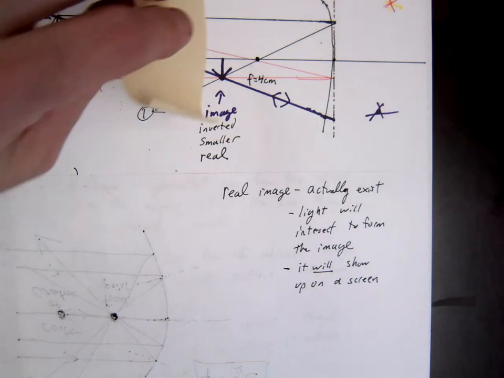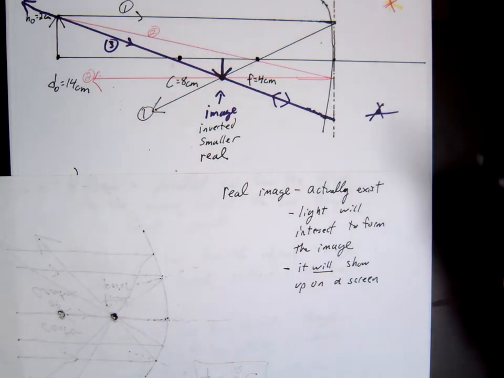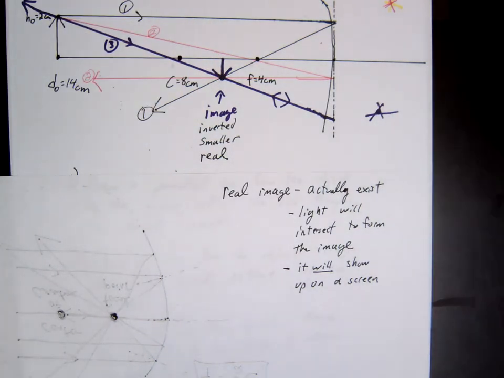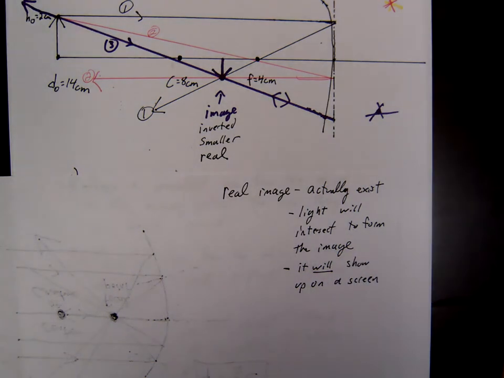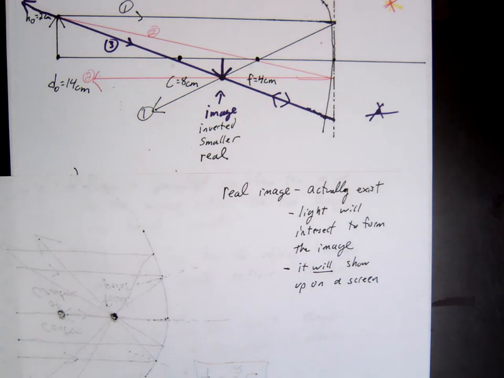It'll show up right there. In fact, what you're looking at right now is a real image. So what you're looking at with this projection is a real image. Light's coming through here, going through here, light's coming onto the screen. It's projecting onto the screen. So this right here would be considered a real image.